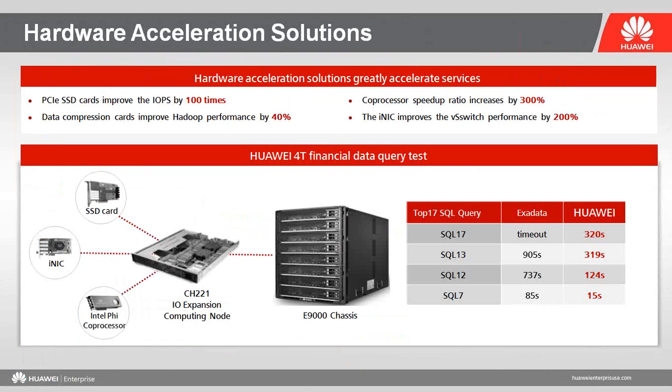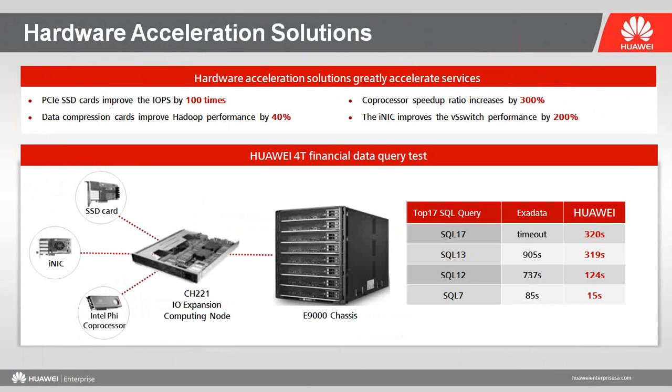So PCIe, SSD, and we're going to go into some depth with that, but that's just one of the hardware acceleration solutions we have for the E9000. And in this instance, this was an example of where you can improve the IOPS by 100 times, or with compression cards, Hadoop performance by 40%, et cetera.